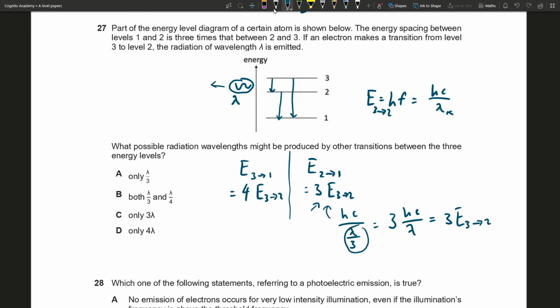So hc over lambda over 3 is one of the wavelengths that will be produced by the other transitions. Same thing with 4 here, we can similarly see that hc over lambda over 4 will produce an energy jump of 4 hc over lambda, which equals this thing. Alright, so lambda over 3 and lambda over 4 are both possible. B is correct.